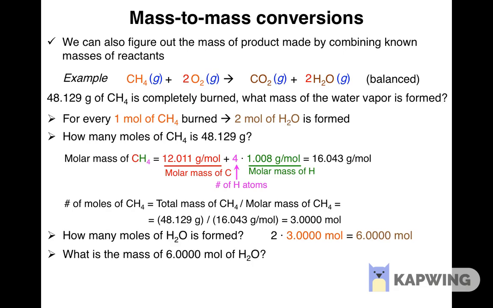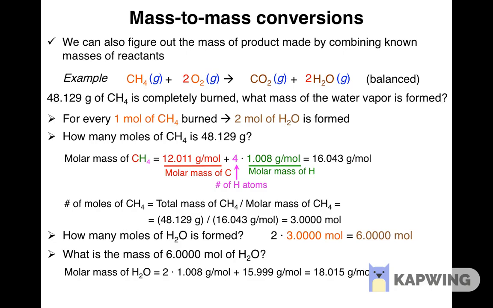To convert the number of moles of water to the mass of water, we need to multiply the number of moles of water by the molar mass of water. The water molecule is made of 2 hydrogen atoms and 1 oxygen atom. So the molar mass of water is 2 times the molar mass of hydrogen, 1.008 grams per mole, plus the molar mass of oxygen, 15.999 grams per mole, and that comes to 18.015 grams per mole.